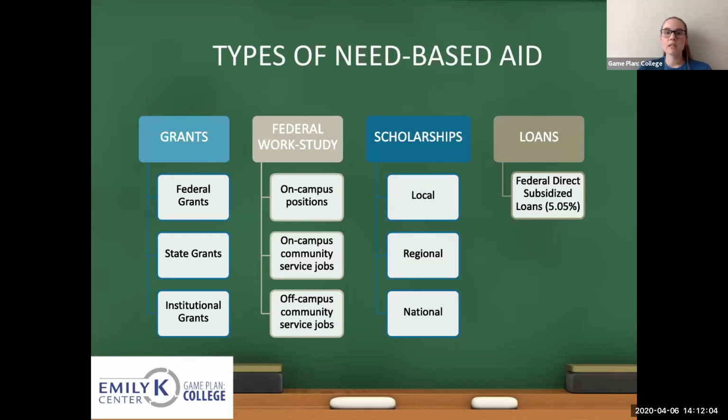Basically that means if you take out $2,000 your freshman year, when you graduate, that loan amount will still remain $2,000. Sometimes, and actually all the time, except in this case, loans start to accrue interest the longer you have them out. So if you took out $2,000 your freshman year and it was not subsidized, it would be more than $2,000 when you graduate. So the great thing about this direct subsidized loan is that it does not accrue interest, which means it's less expensive for you.